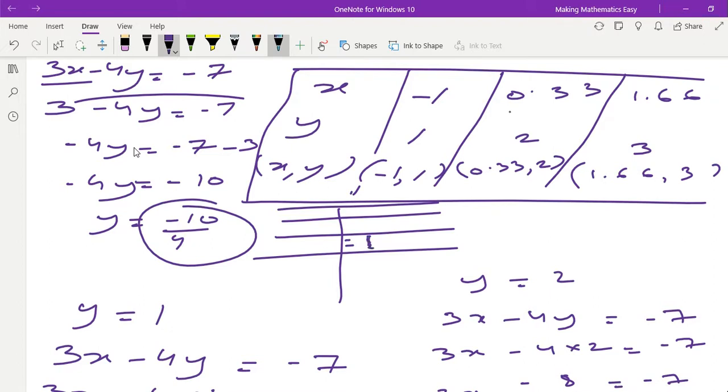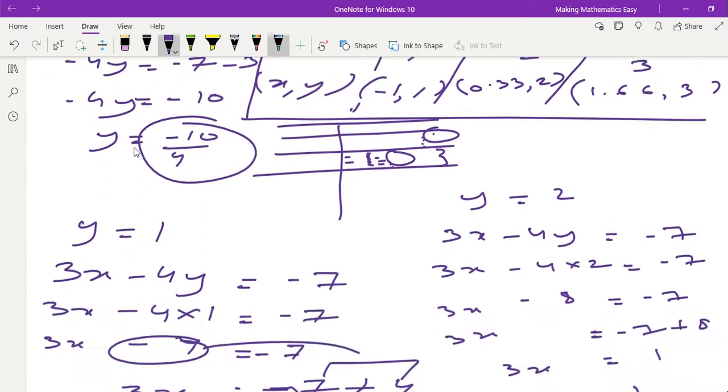Okay, so when you see this 0.3, you can simply use 0.1 2 3, the third line out of this 10, and for this 1.66 you need to consider this one entire and another 0.6 over here, and using that number you can plot your coordinates and you can join the line and you can write the equation on that number line. Okay, so this is also fine.